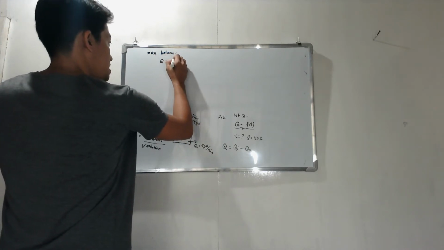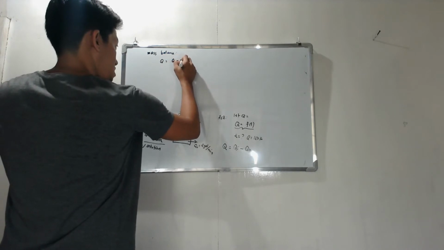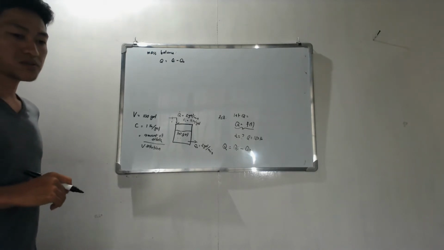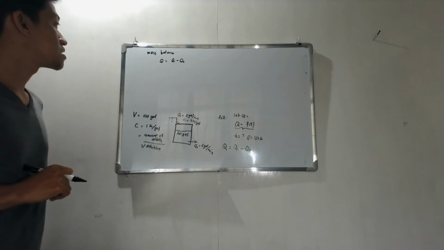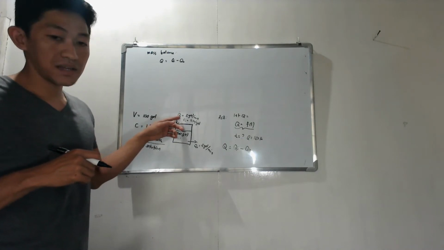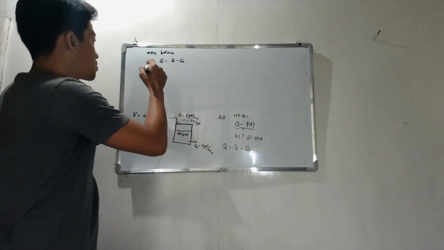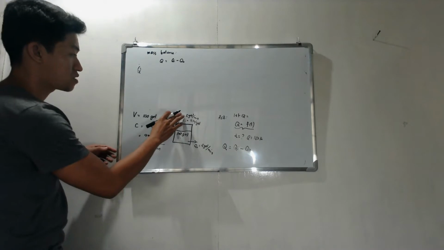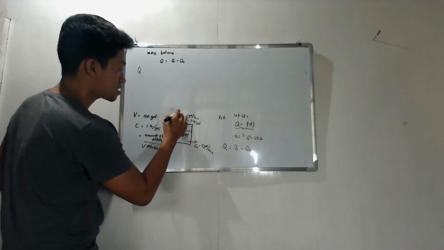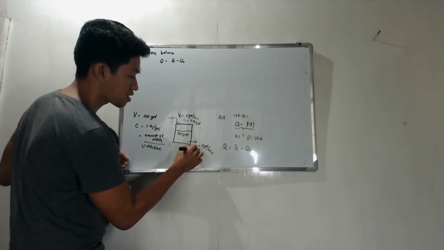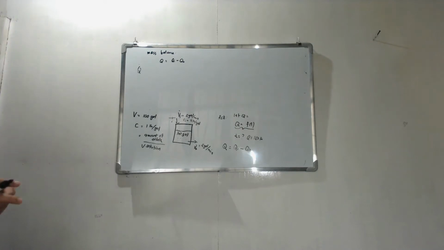Amount of salt in the tank is just equal to the amount of salt that enters the tank and the amount of salt that leaves the tank. Okay, but since what we are given here is Q dot, this is V_I dot or volume flow rate, V_O dot.